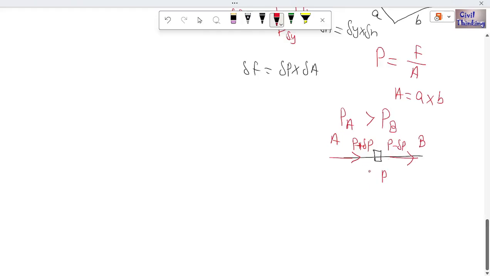So what is the net pressure? Net pressure is this pressure minus this pressure, so it is P minus delta P minus P plus delta P. It is going to give me the net pressure.